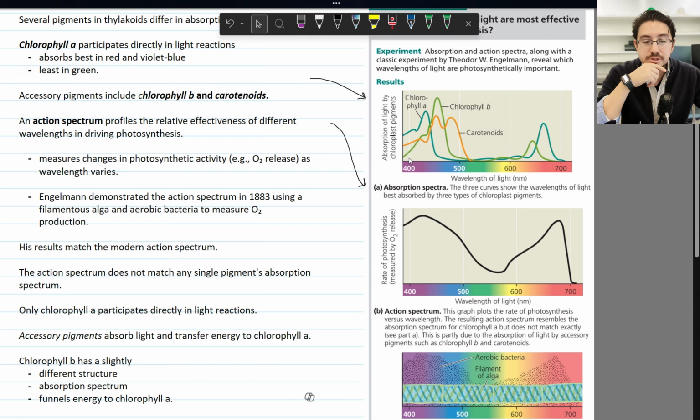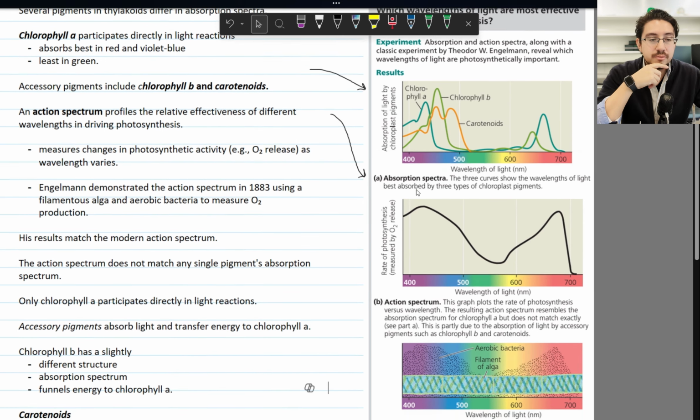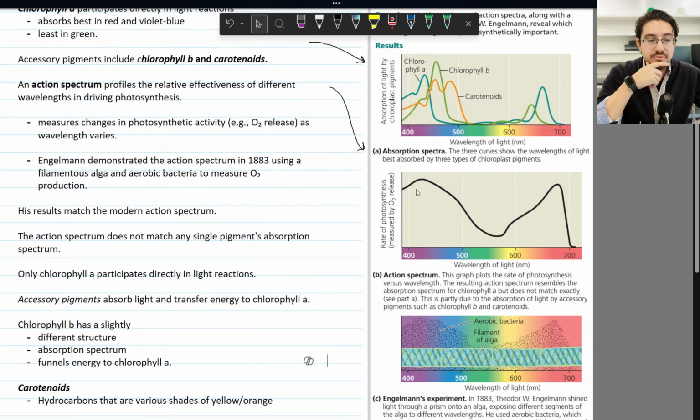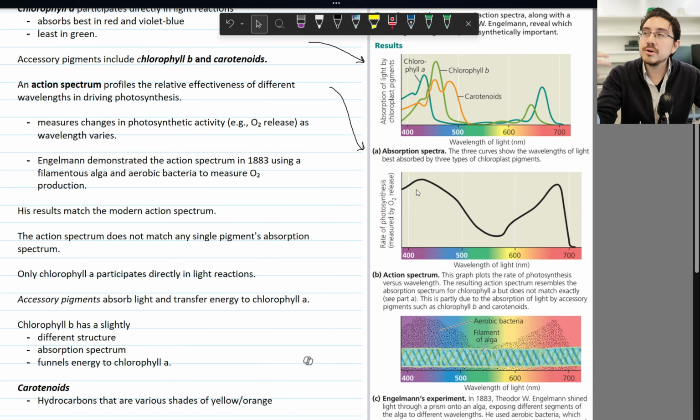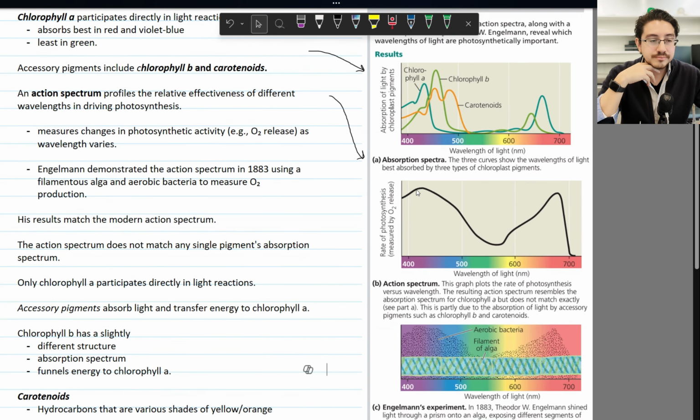And then you have your carotenoids, which are absorbing a lot of purple-blue wavelengths. So this improves the efficiency at which plants can absorb different colors of light, ultimately harnessing more light energy.